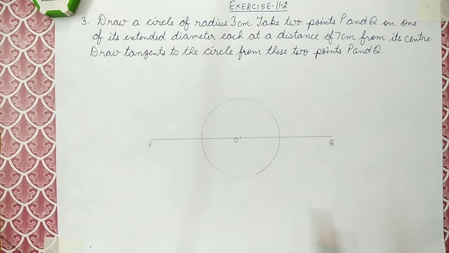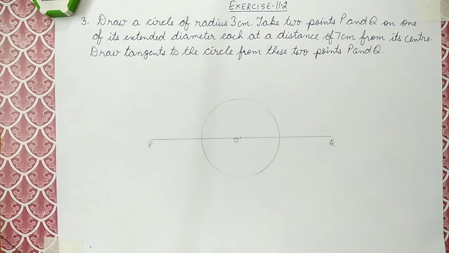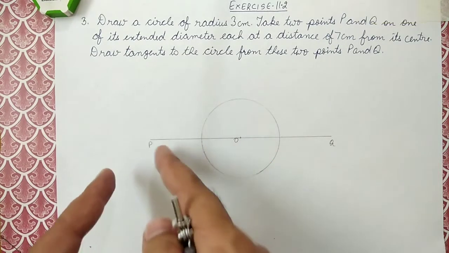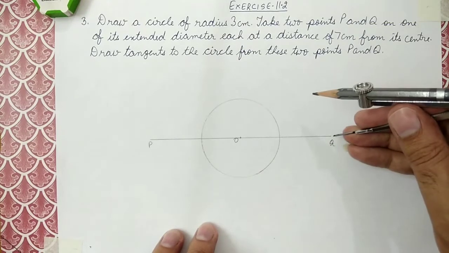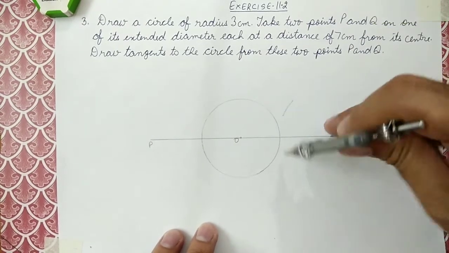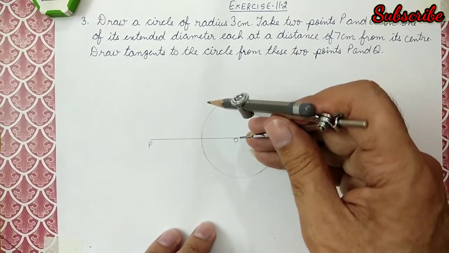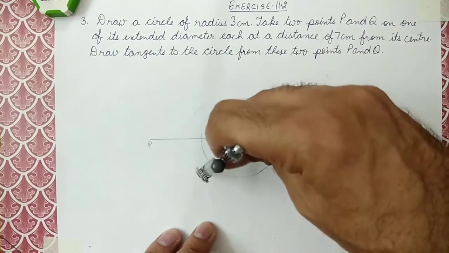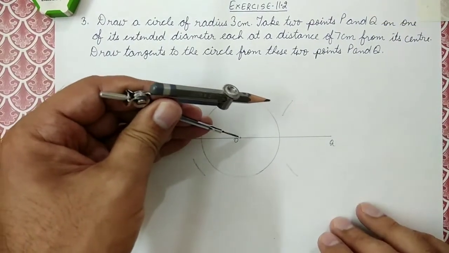So obviously if I have to draw the tangent from P on the circle, I will join the point with the center and then I will make the perpendicular bisector. So what I have to do, now I have to make the perpendicular bisector of OP also and OQ also. So again, keeping the compass a little more than half, I keep at O. Since I have to make 2 perpendicular bisectors, so I'm just marking them together.